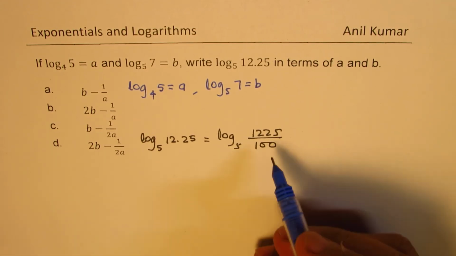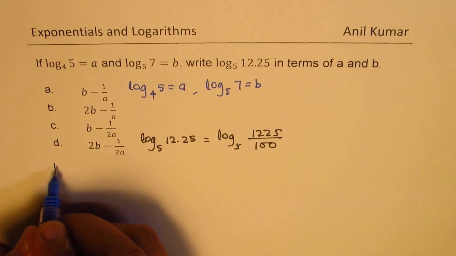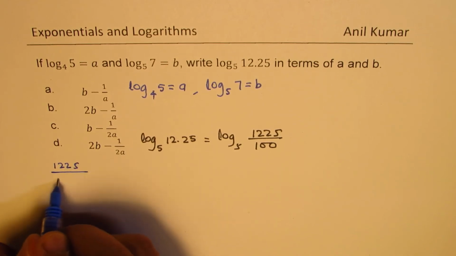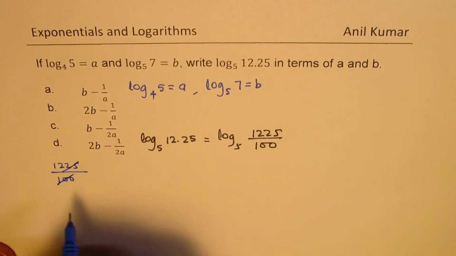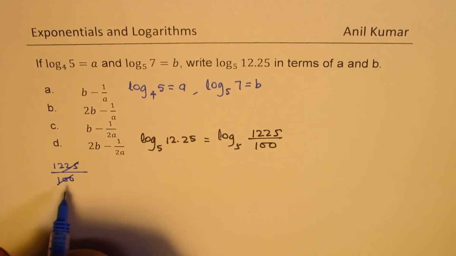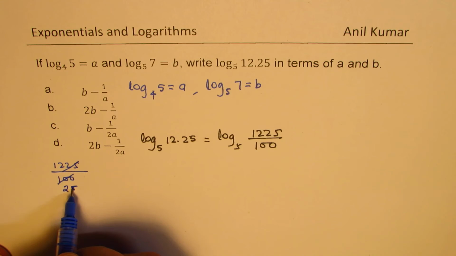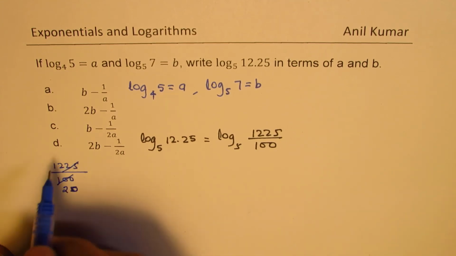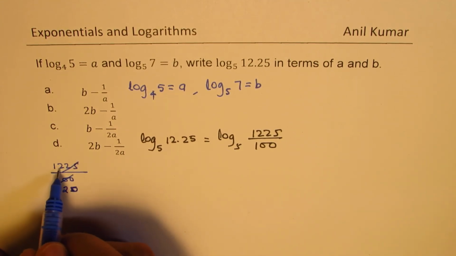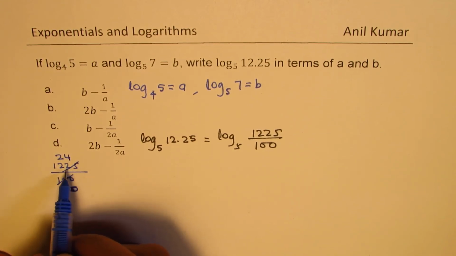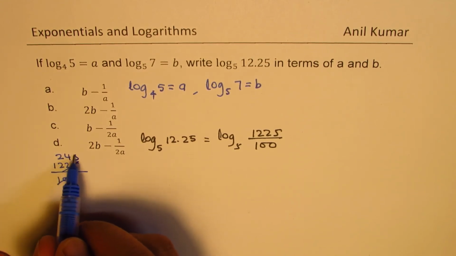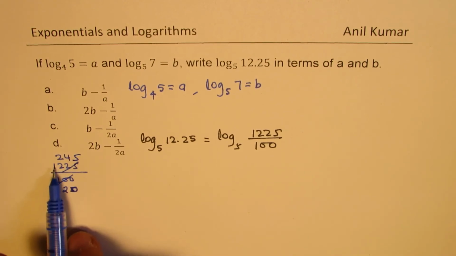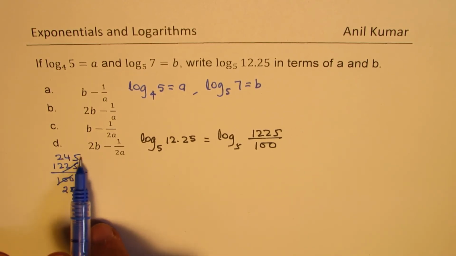So let's work on this fraction, which is 1225 over 100. We could divide both by 5. So when you divide by 5, we get 245 here, and 20 here. Dividing by 5 again, 5 times 49 is 245, and 20 divided by 5 is 4.